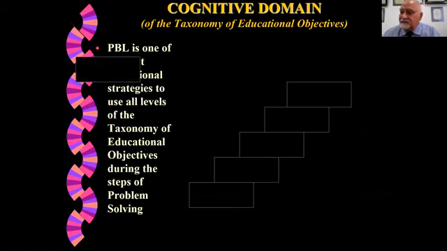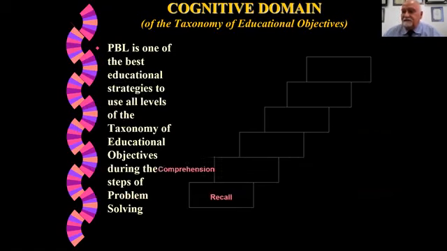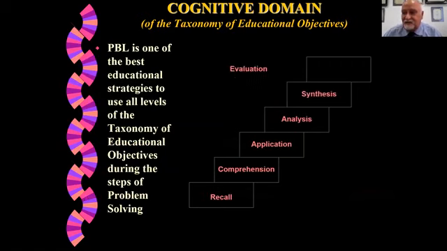As you can see in this slide, the cognitive domain in this taxonomy starts at its lowest level with recall of knowledge, then comprehension or understanding, application of knowledge, analysis, then synthesis, and by the end, evaluation.